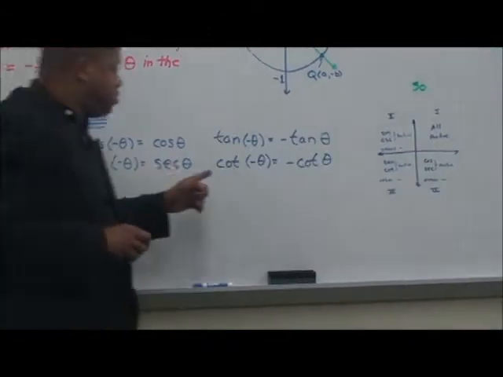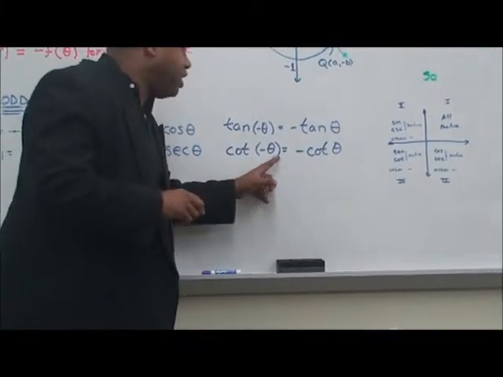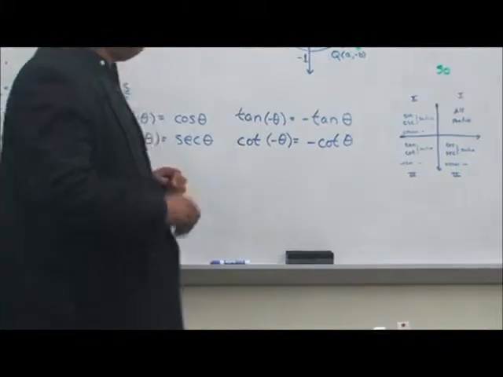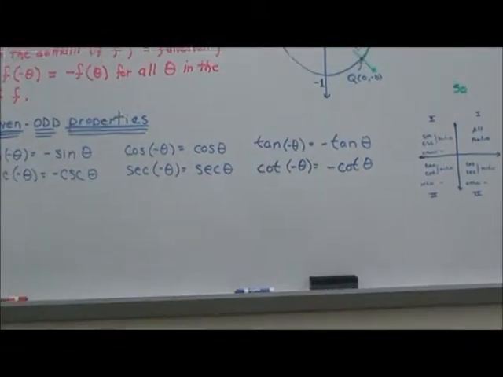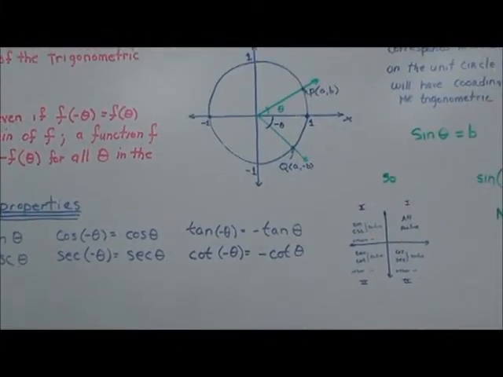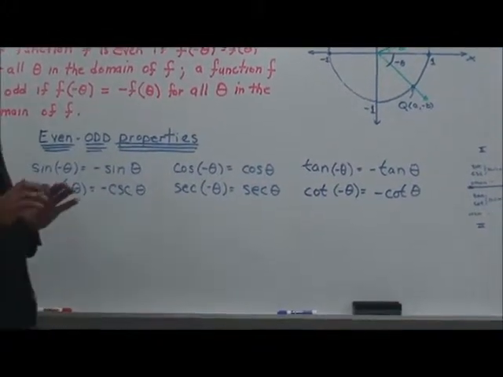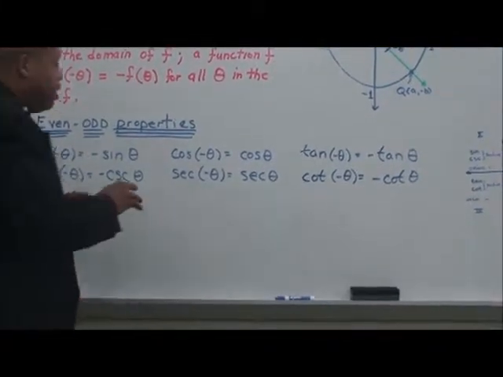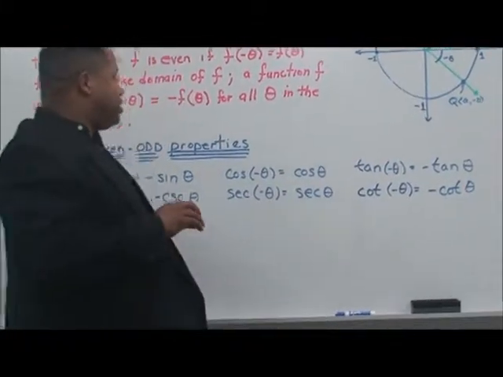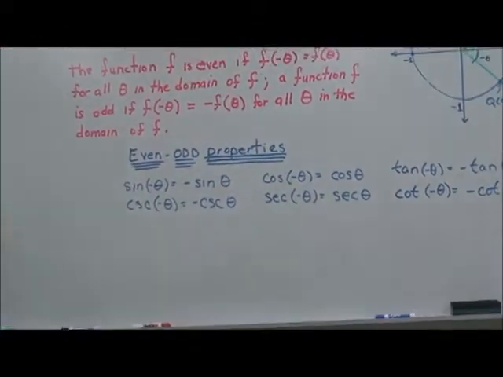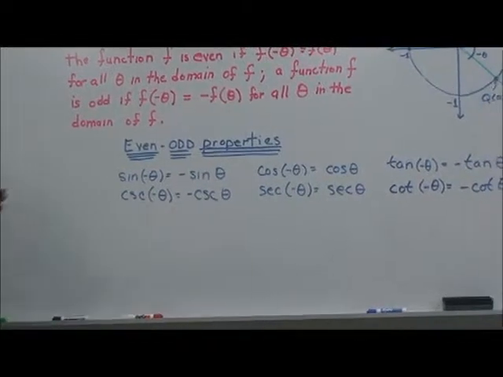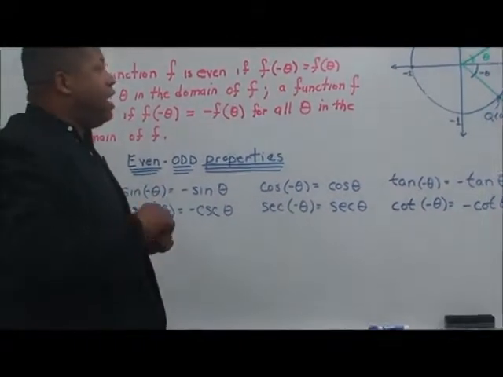So we have also cotangent negative theta is equal to negative cotangent theta. So that's also an odd property. So here the only two even properties are cosine theta and secant theta. Those are your two even properties. Everything else will be odd.